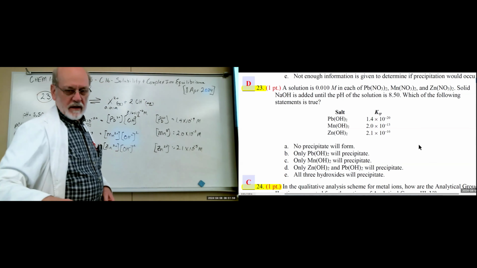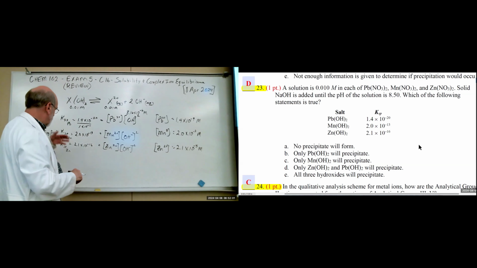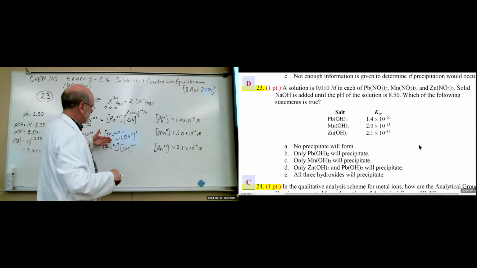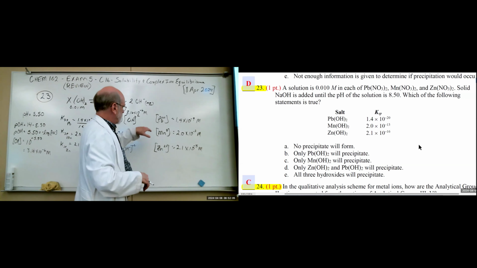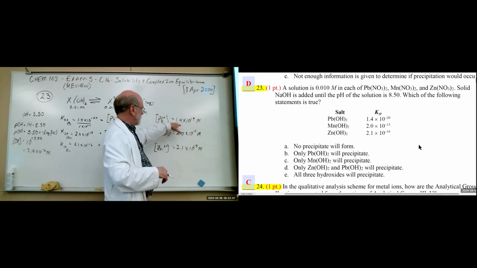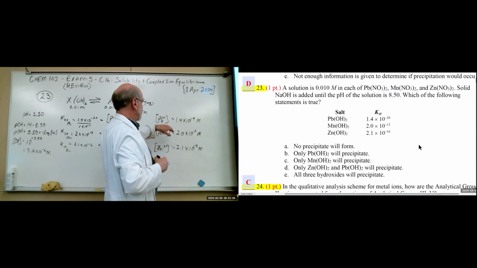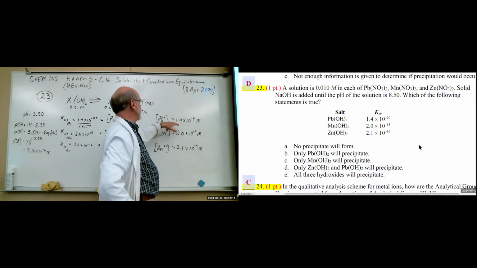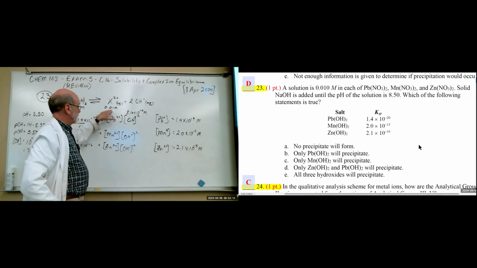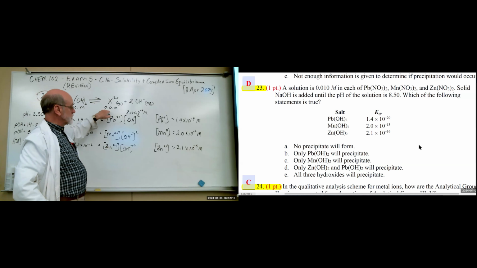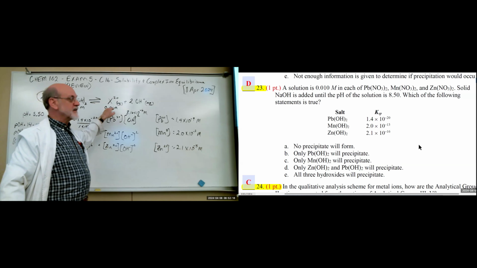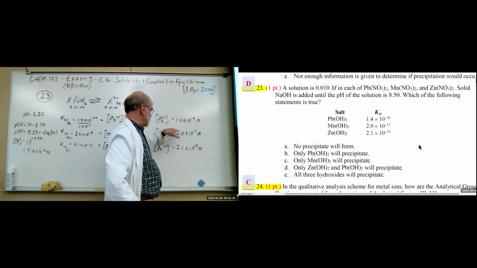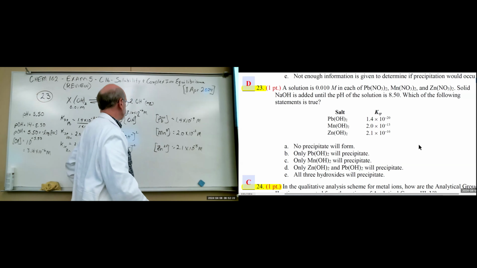Okay. So if we're going to predict whether one of these precipitates, this value has to be less than that value. In other words, we've got this much in solution. Is that enough? This is the minimum amount of each one of these that would cause precipitation. Right?